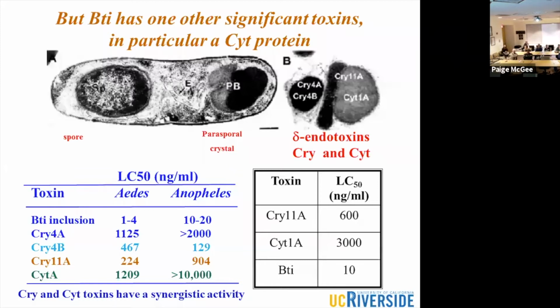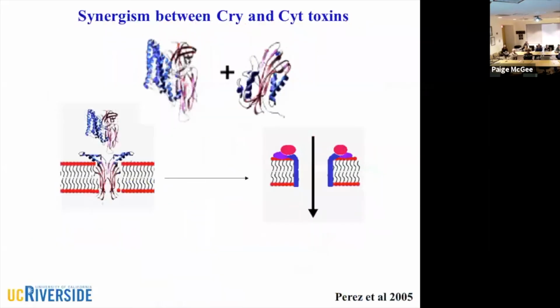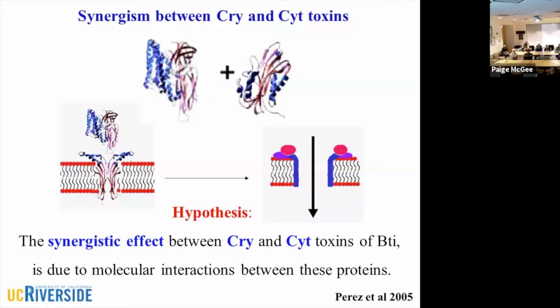What happens if you mix this toxin with either cry11A or 4A is that the toxicity of the cry toxin increases. Our model is that the synergistic effect between these toxins is due to molecular interactions between the toxins. This work was done by Claudia Perez in Alejandro Bravo's lab.